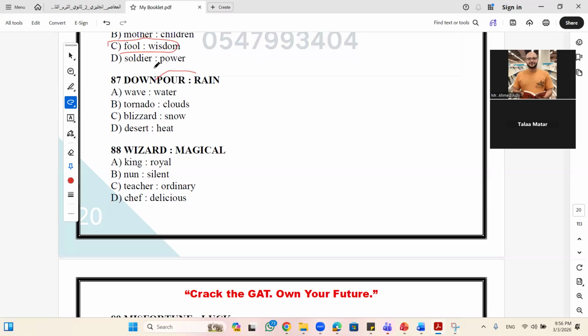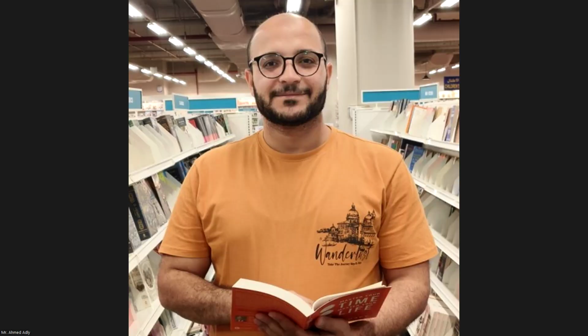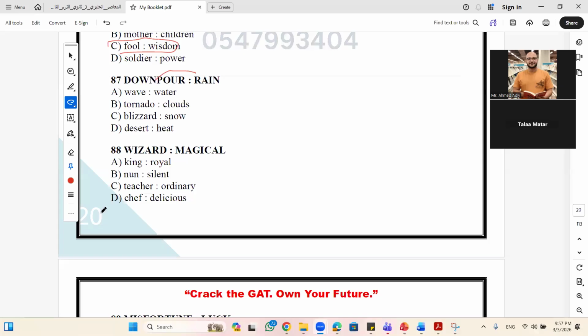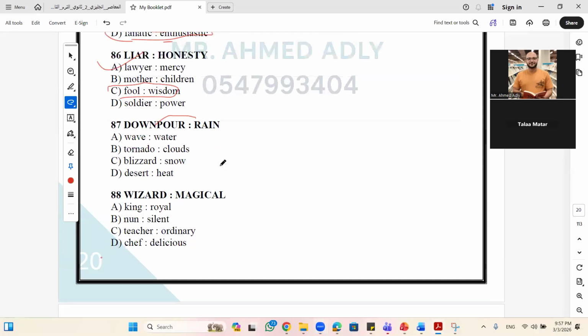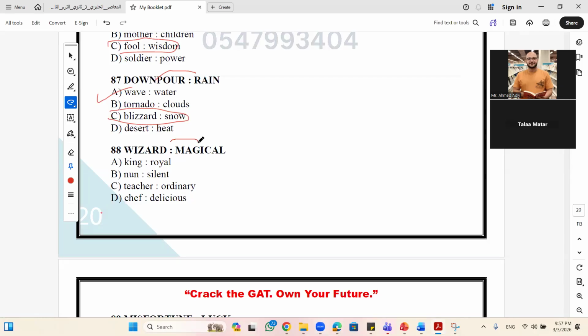Blizzard and snow. Perfect. Weather and magical. A characteristic of a weather that is magical.